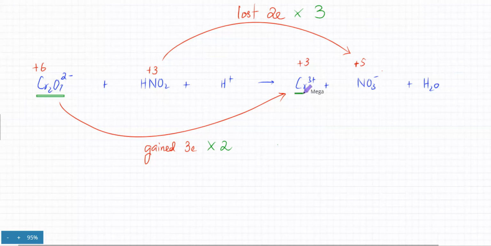There should be 2 Crs over here as well. Now N, how many Ns? There should be 3 of them. So multiply this by 3, and there should be 3 Ns over here as well, and I'm going to multiply this by 3 as well. Is this clear?